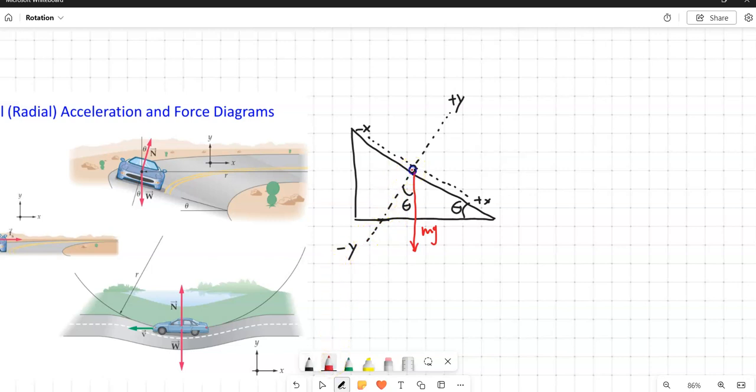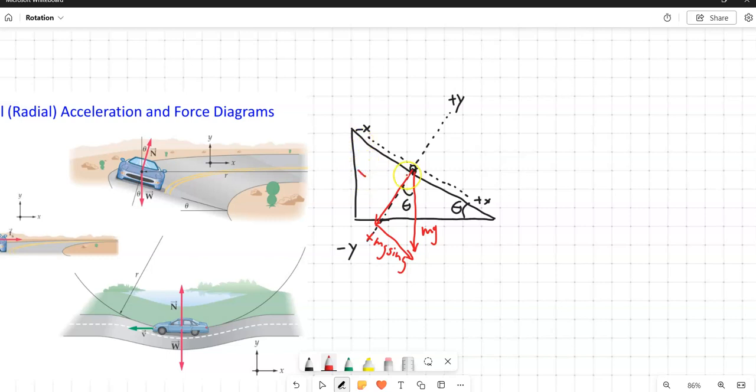Okay, and so when we break up that mg force in terms of up and down and left and right, this part is going to be mg sine of theta pointed in the positive x direction. This is going to be positive, I should write it angled.